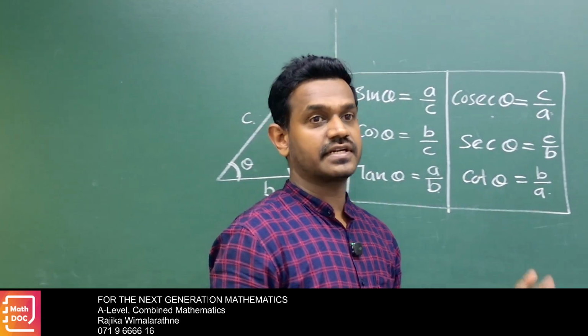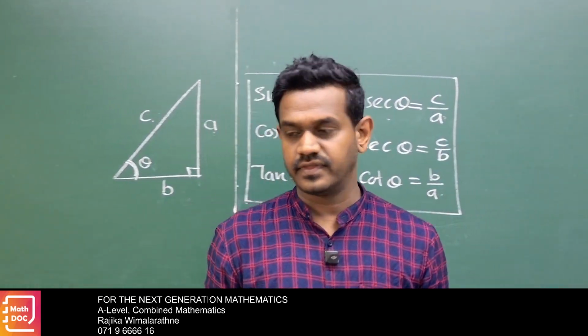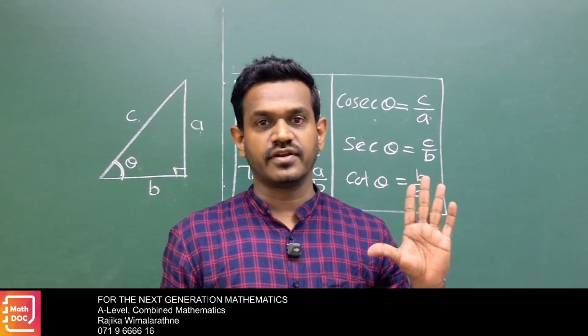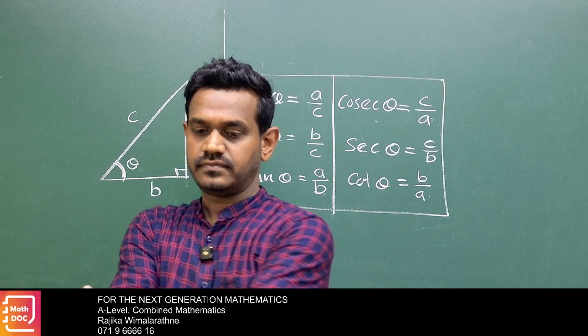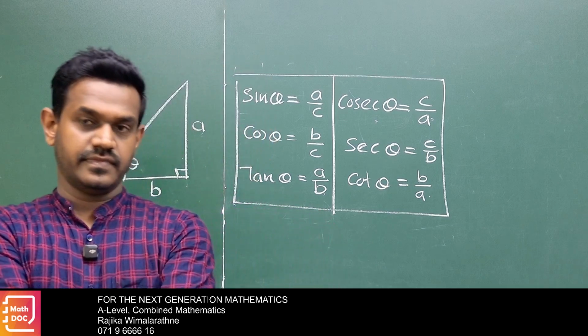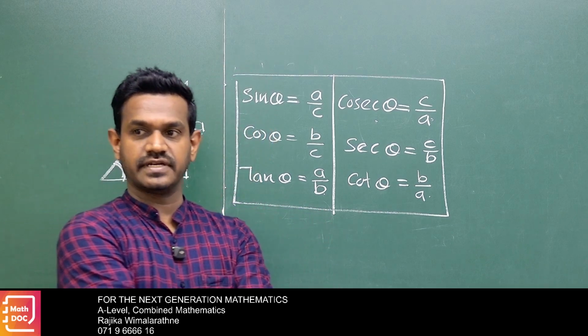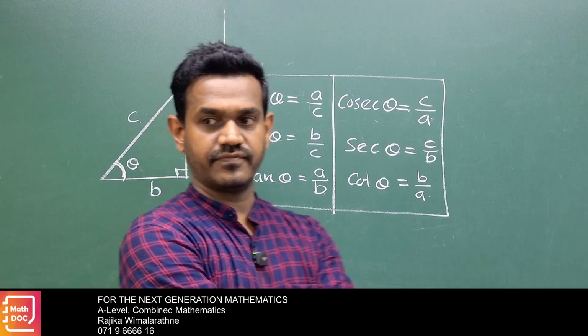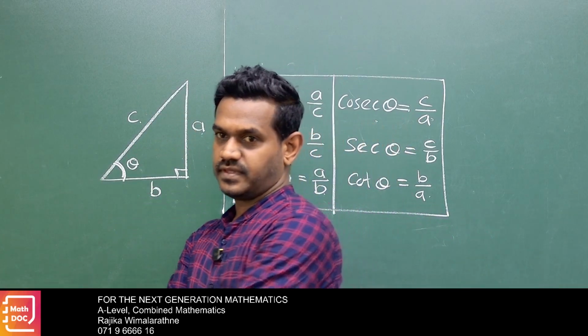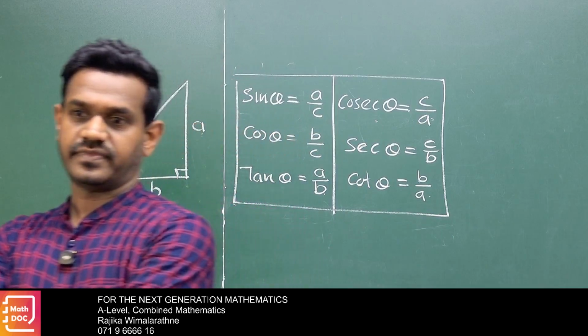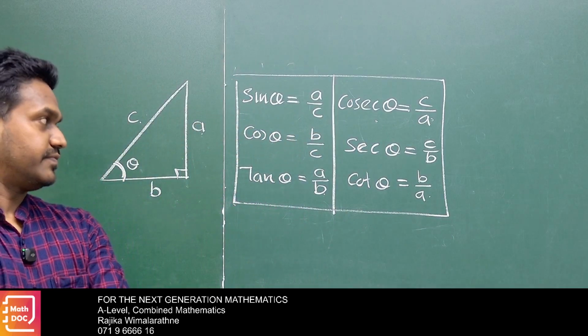There are 6 different trigonometric ratios. They are given below.